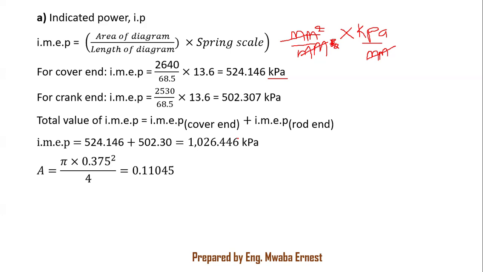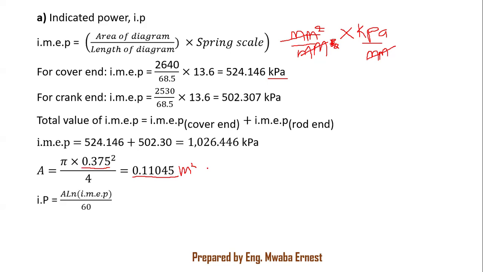So this is where this number is coming from. So pi multiplied by 0.375 squared divided by 4. And our answer is 0.11045. This is in square meters.